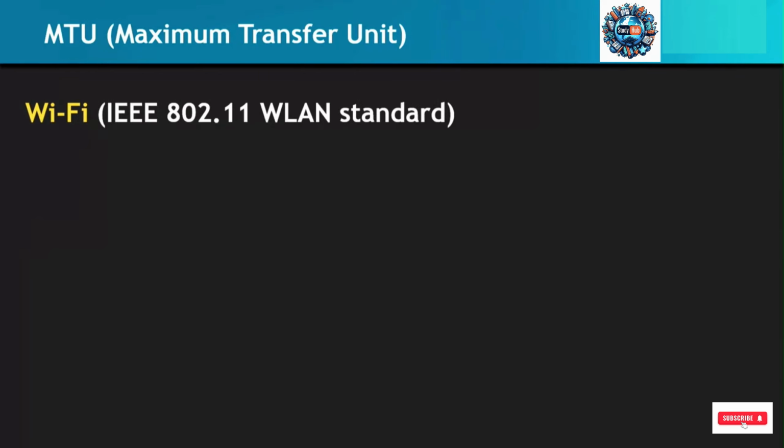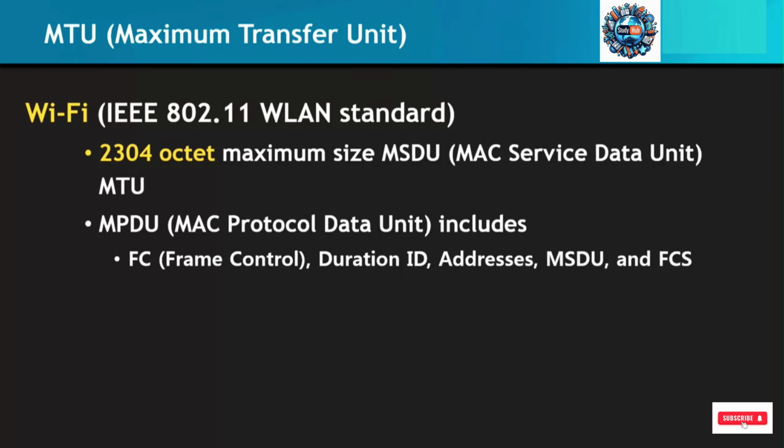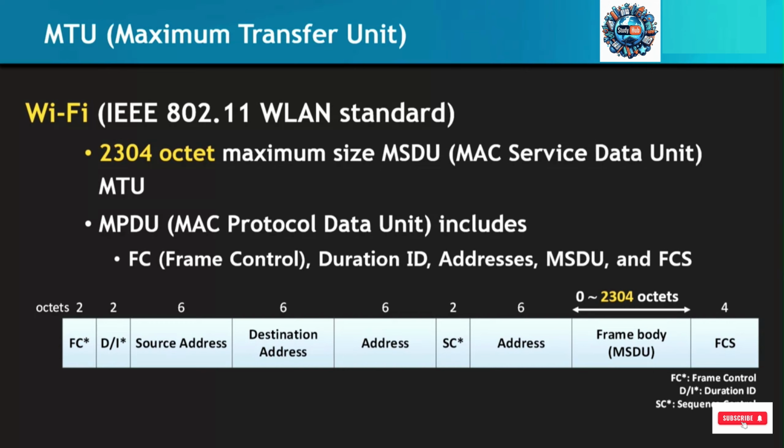In the case of Wi-Fi, which follows the IEEE 802.11 wireless LAN standard, you can see that the 2304-octet maximum size MSDU, the Max Service Data Unit, is the MTU. And the MPDU, which is the MAC Protocol Data Unit, would include the frame control, duration ID, addresses, MSDU, and the FCS, in this type of structure in an overall Wi-Fi frame.